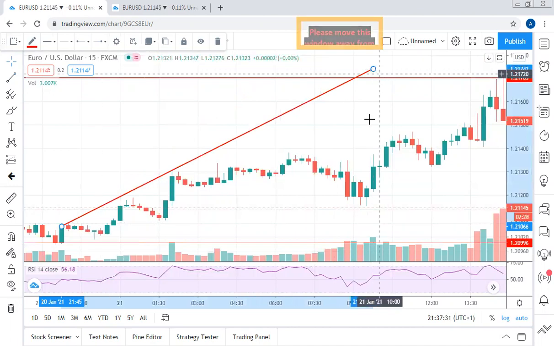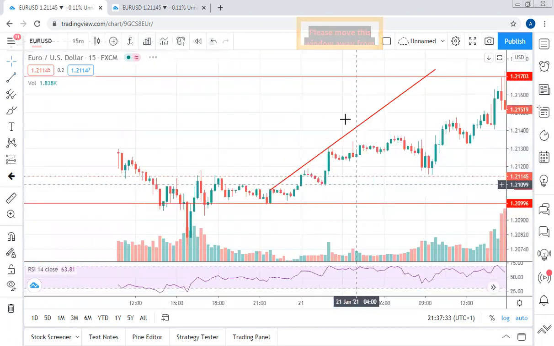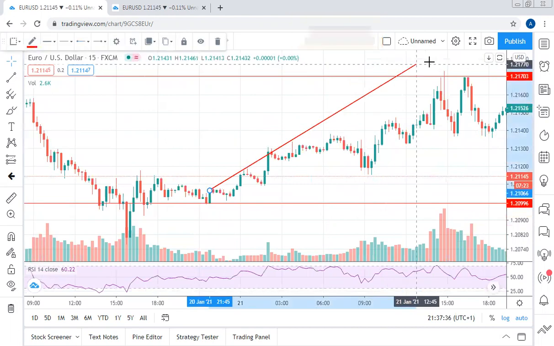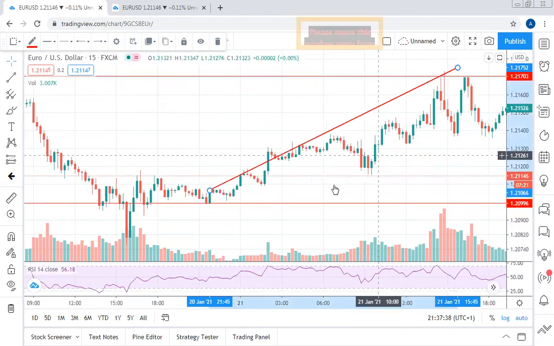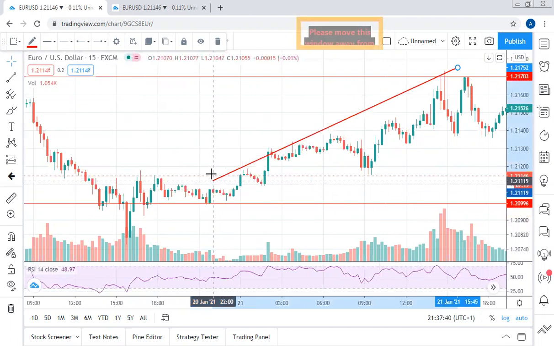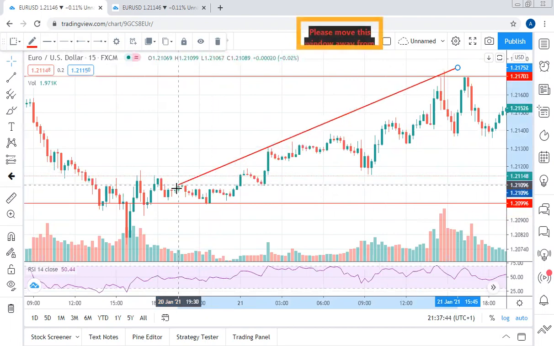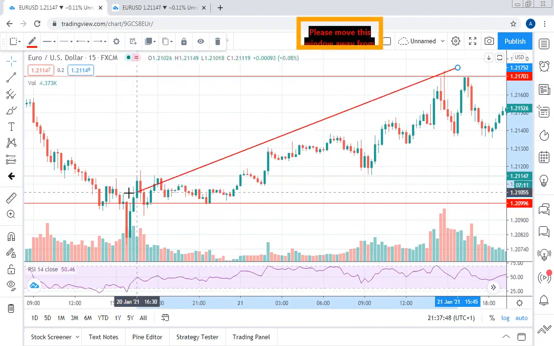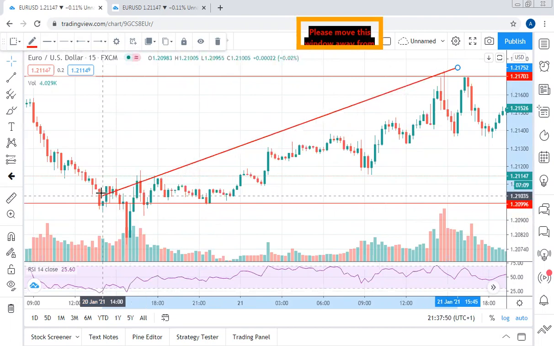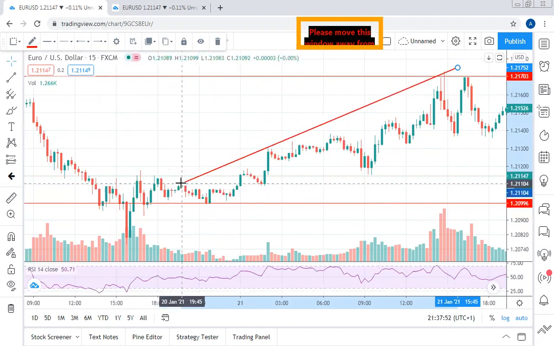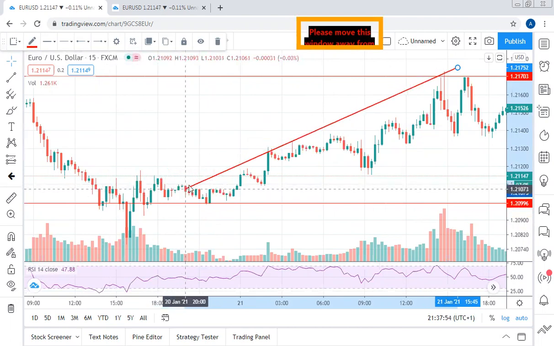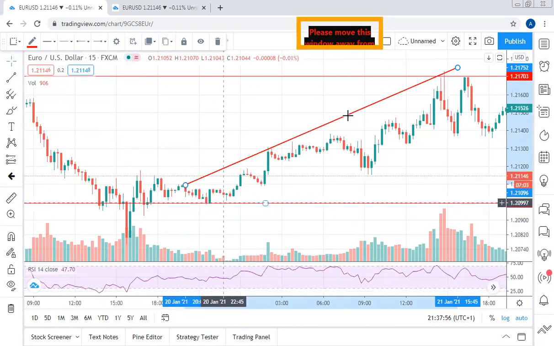You draw it into the future like this, into the future. It must connect like 2-3 times. You draw it into the future. So this is your first criteria. Your second criteria here.